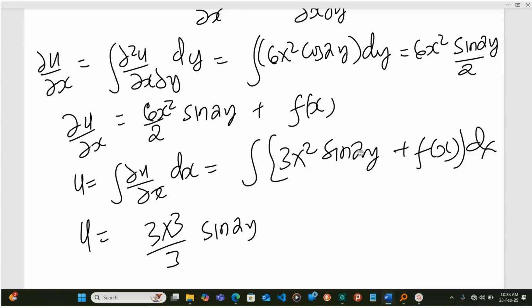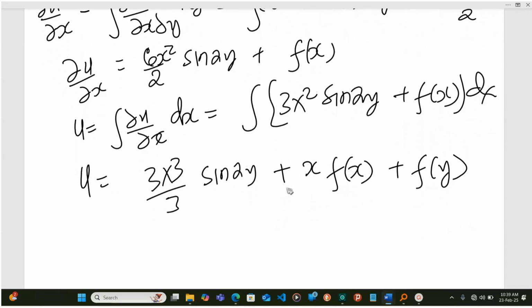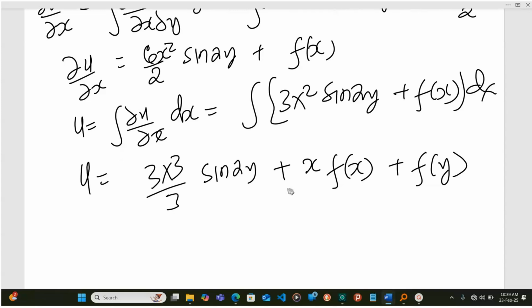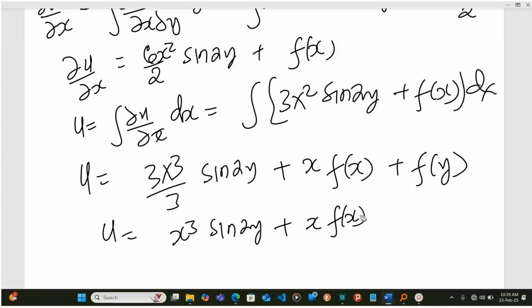This sine 2y becomes a constant, and then plus x f of x. Since we are integrating with respect to x, we shall have a constant of integration that has a component of y. So we shall add f of y. And that becomes the solution to our problem. But to make it better, we can cancel this 3 and we'll have x cubed sine 2y plus x f of x plus f of y.